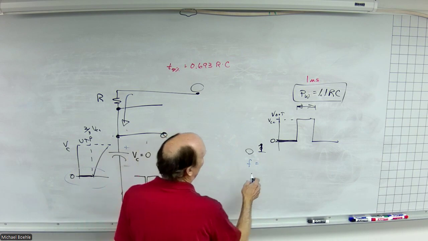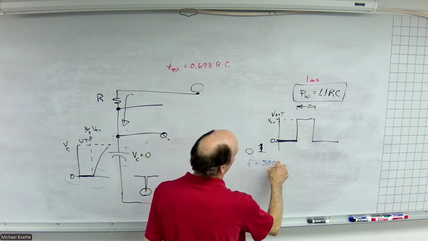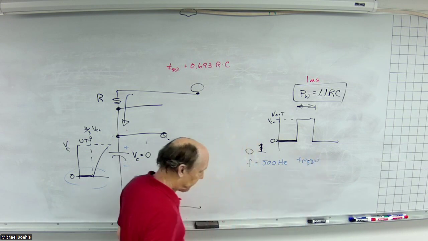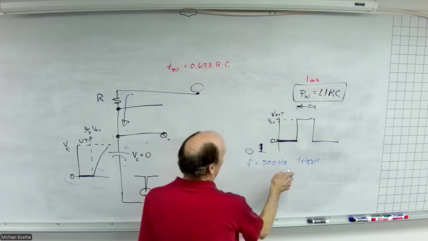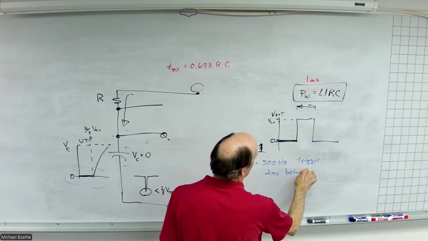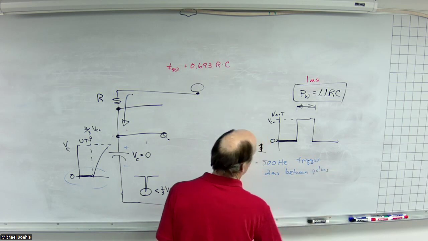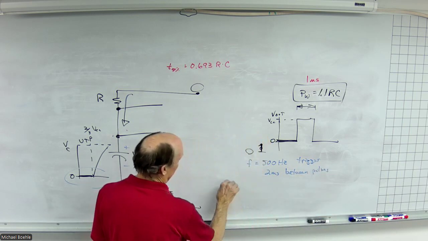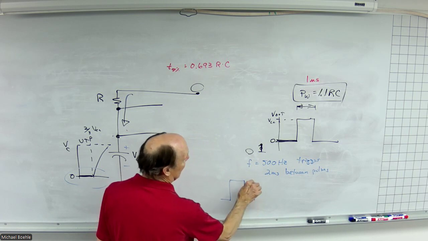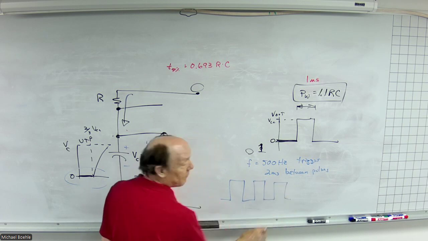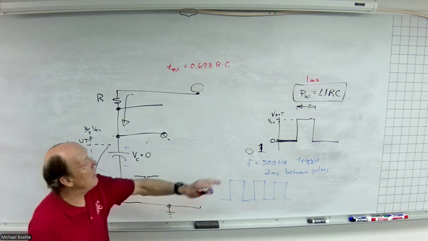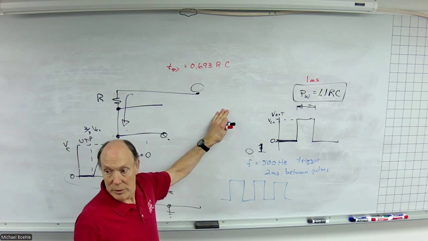So if I set this as a frequency of 500 hertz for my trigger frequency, 500 hertz is 2 milliseconds between pulses. So I trigger it, I get a 1 millisecond pulse out. That means I'm off for 1 millisecond, trigger it. Go. So what I've just done is create a 50% duty cycle output from my timer.